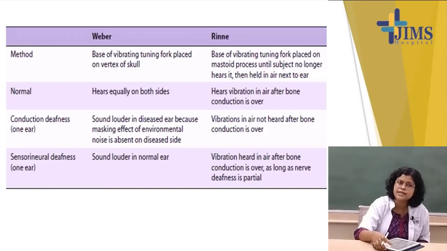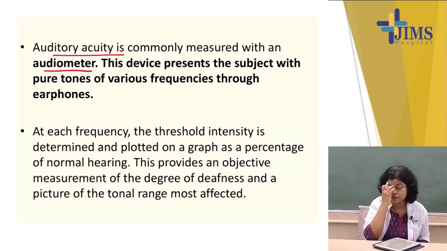What is important for practical purposes is how to differentiate between conductive deafness and sensory neural deafness. Whenever you are given eighth cranial nerve testing, you know about the two tests, Rinne's test and Weber's test.